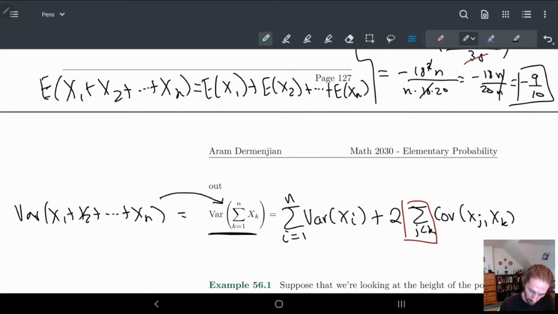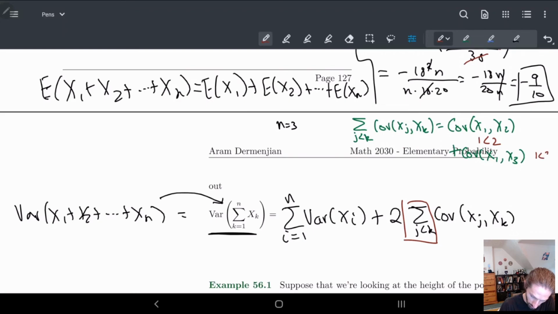Let me do a quick example. If I sum over j less than k, where n is equal to 3, of covariance Xj, Xk, what I would have is covariance of X1, X2, since 1 is less than 2. I would have plus covariance X1, X3, since 1 is less than 3.